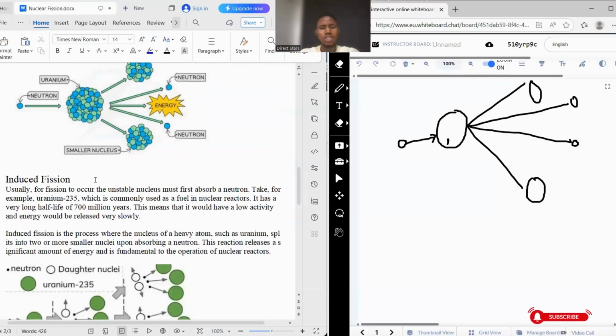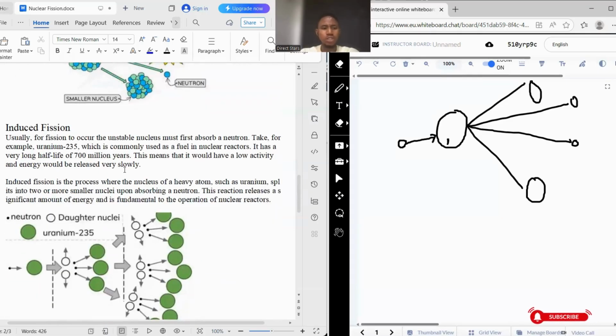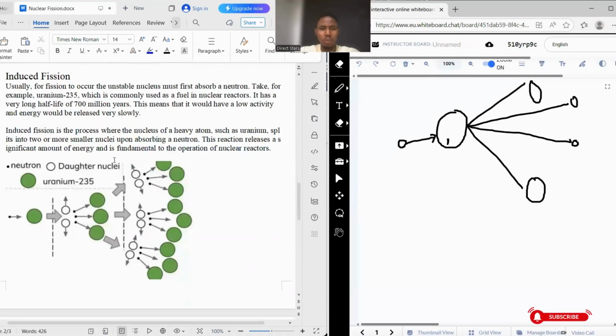The one we call induced fission. To induce a fission is just like having a fission occur naturally. Induced fission is a process where the nucleus of a heavy atom, such as uranium, splits into two or more smaller nuclei upon absorbing a neutron. This reaction releases a significant amount of energy.